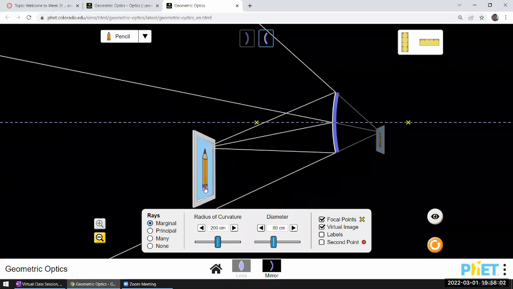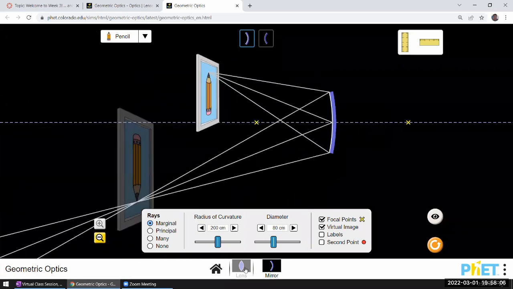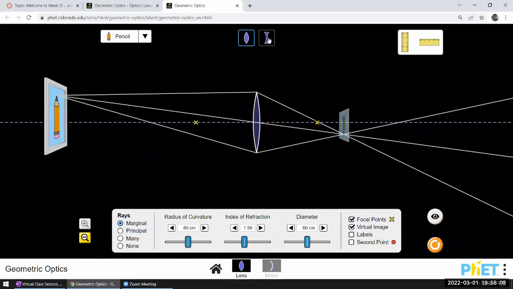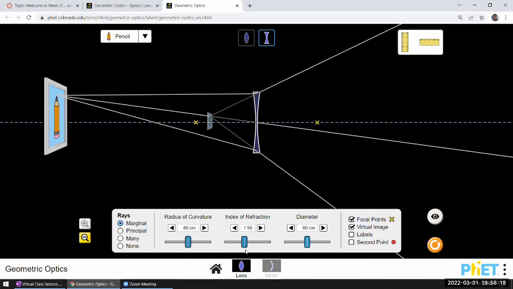So if you're trying to memorize things based on whether things are convex or concave, you've got to flip them around for lenses and mirrors. What I would recommend, and I think you see me giving this recommendation in lecture, when you're memorizing rules like a sign convention, memorize it based on converging or diverging.